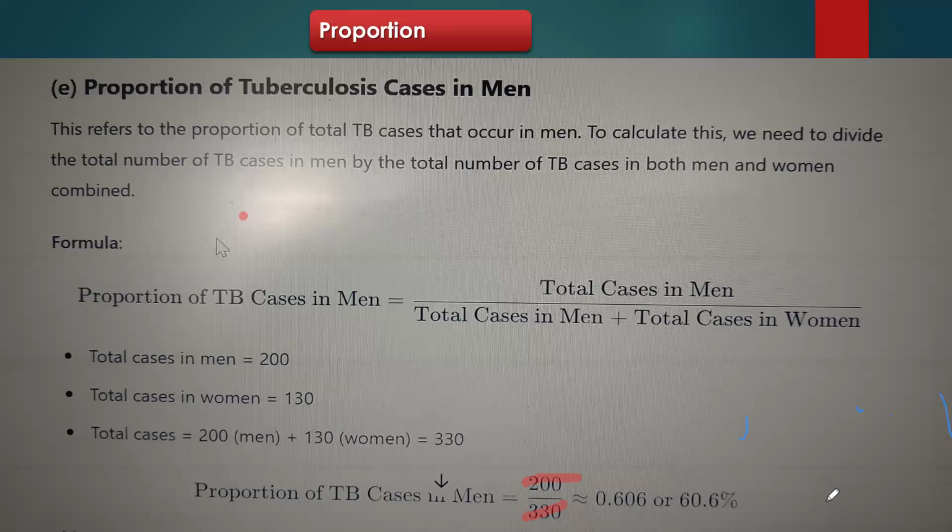So this is how you calculate proportion, ratio, incidence rate, prevalence rate, and attack rate. In the next lecture or section, we shall look at the other part, which is discussing the descriptive, which has to do with what we saw.